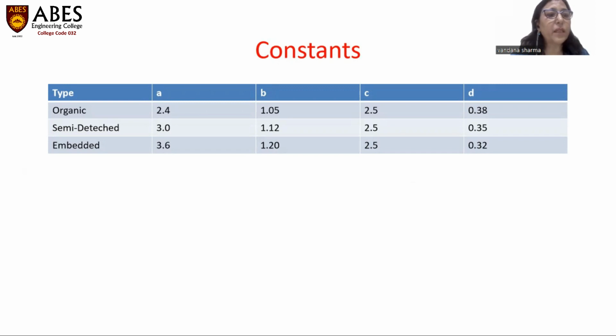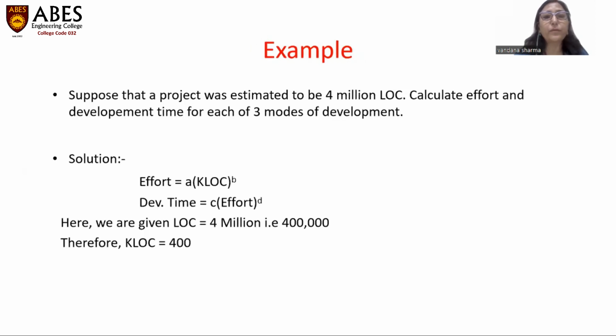Similarly, for semi-detached and embedded, these constants are already provided, so you have to remember these constant values. The example we are taking is a project which has been estimated to be 4 million lines of code.